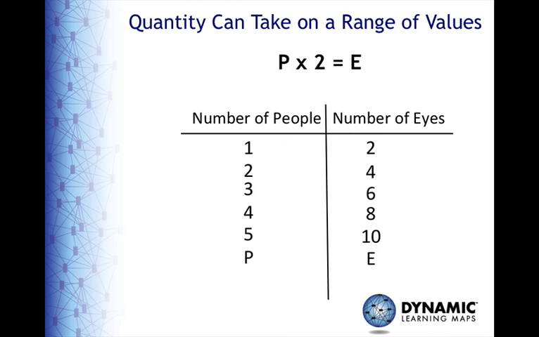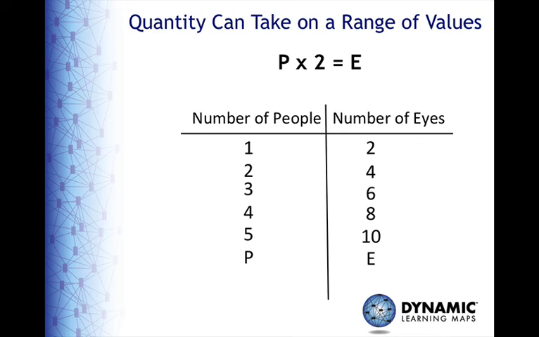The idea that a variable represents a quantity that can take on a range of values is not a simple concept. When students begin to use variables to describe a mathematical relationship, we as teachers need to be explicit in helping them understand that a change in one variable creates a change in the other variable.